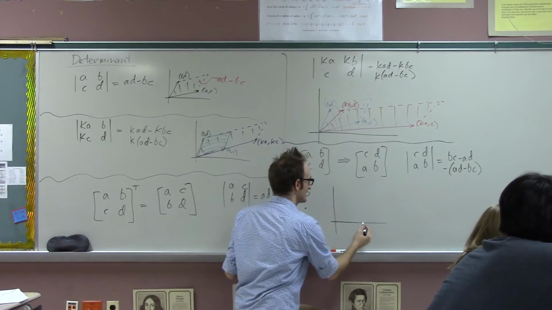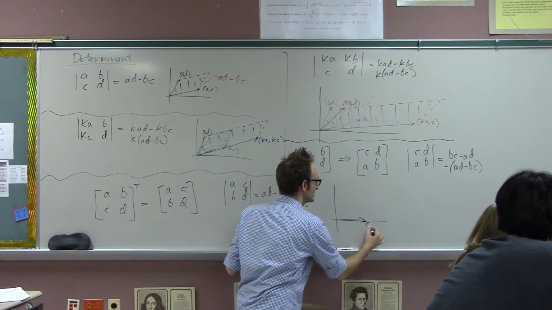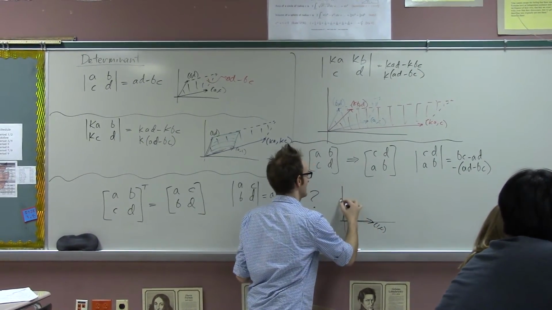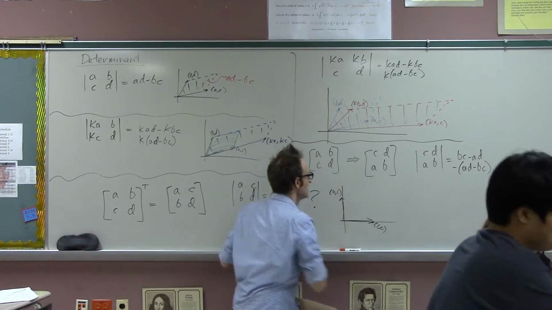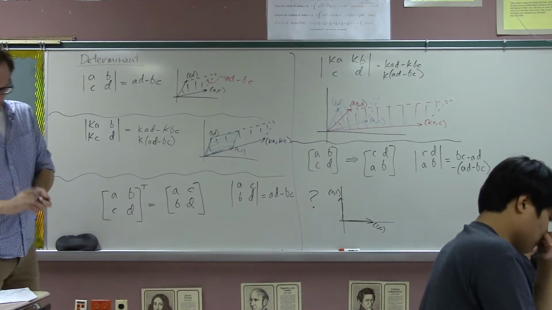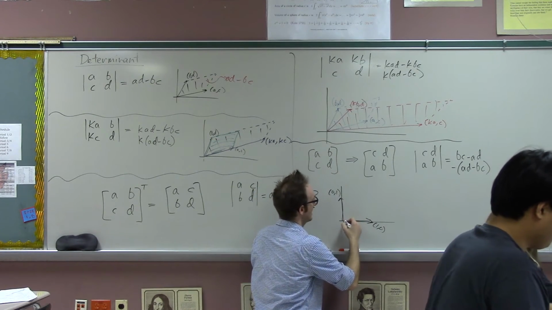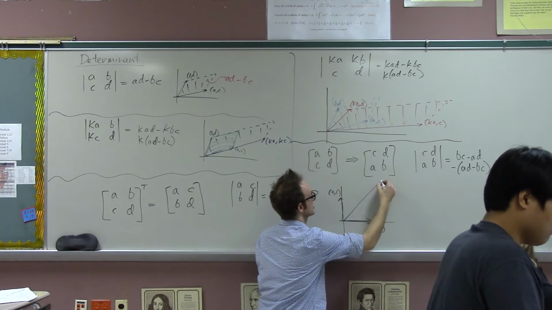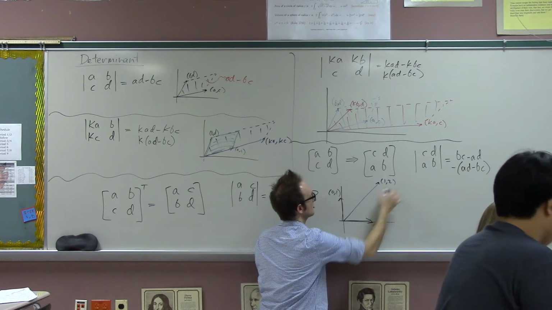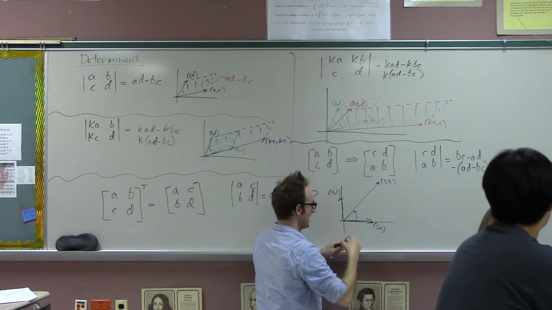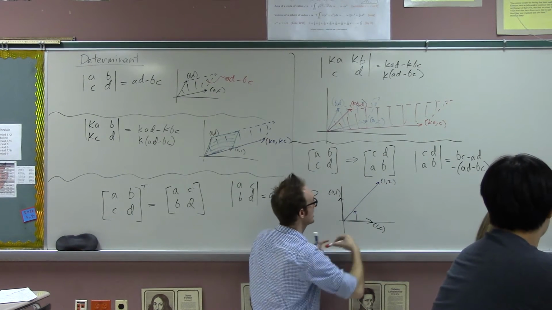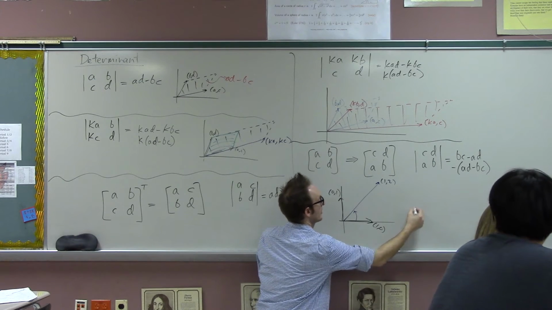So watch. Suppose I have my original unit vector 1, 0, and then I have my vector 0, 1. Let's just suppose, for fun, that 1, 0 gets sent to 1, 2, and 0, 1 gets sent to 3, 1.